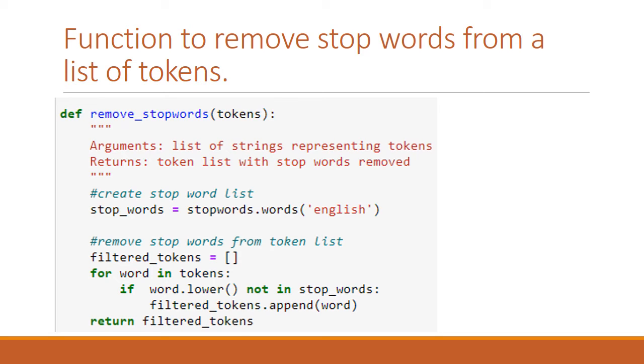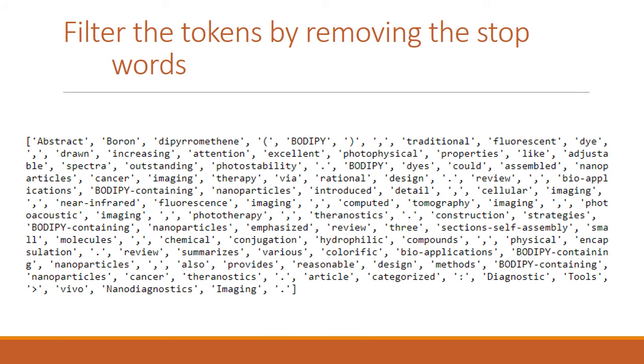After we've processed each token in the tokens list, we have our completed filtered tokens, and we're going to return our filtered tokens, which is a list of strings representing tokens that are not stop words. Here is an example of tokens that might be returned from our remove stop words function call.